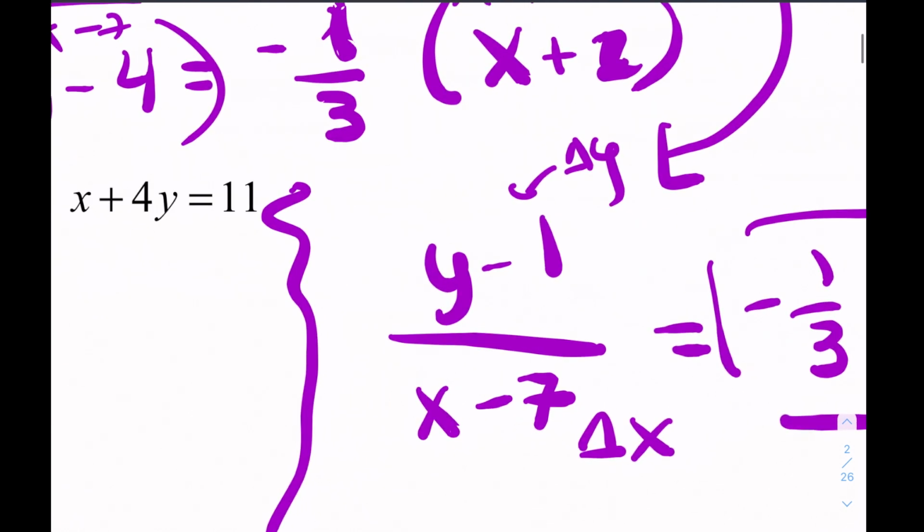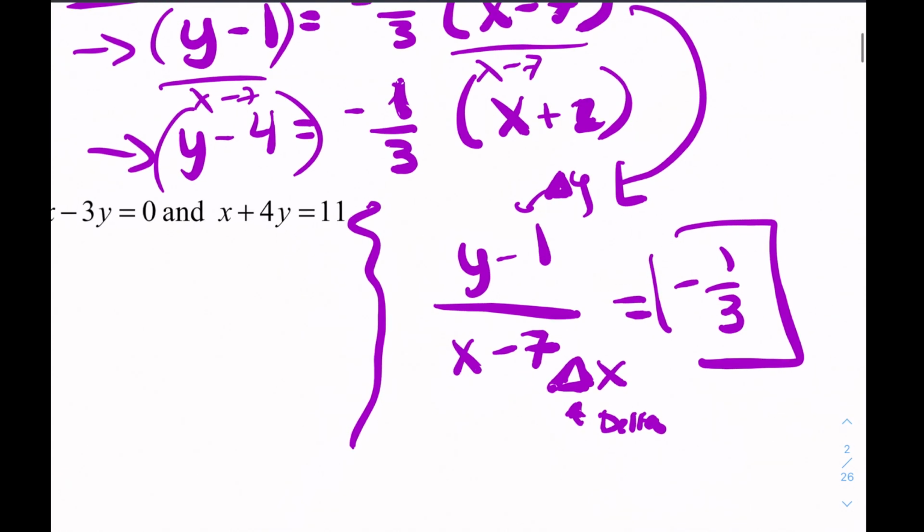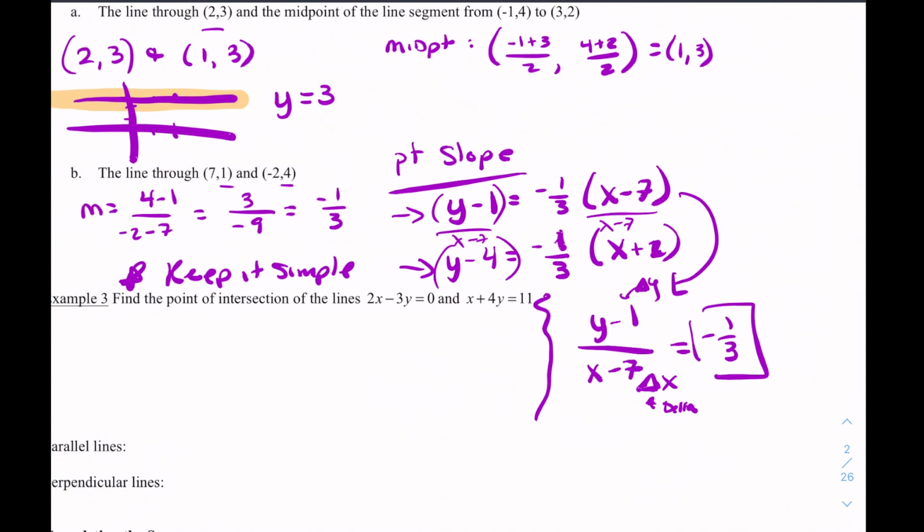I'm going to zoom in there just so you can see. I'm using this triangle symbol. If you recall from previous math classes, that means delta. Delta means change. Delta means difference. Difference is the subtraction. So if you ever wonder where point slope comes from, it's literally the slope formula just expanded out.